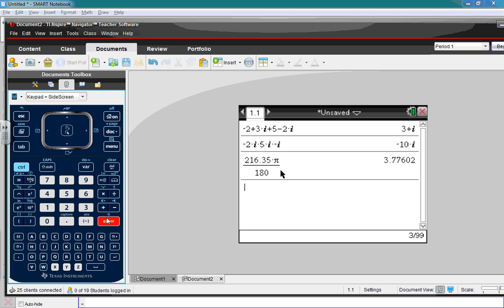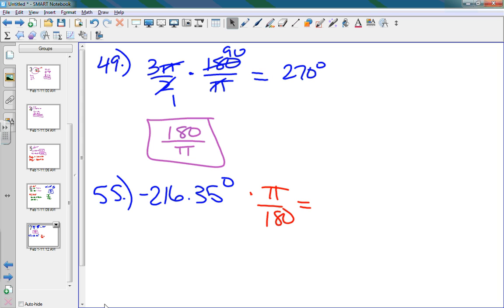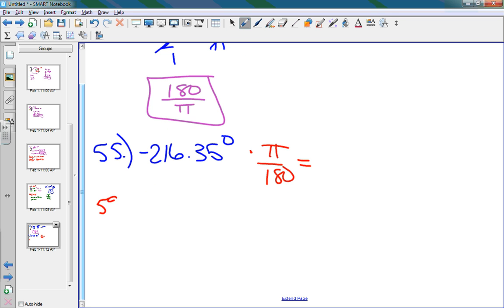59 through 64, convert the angle measure from radians to degrees. Round your answer to 3 decimal places. From radians to degrees. So what am I going to do for that section? 59 is pi over 7. I'm going to multiply this by 180 over pi.